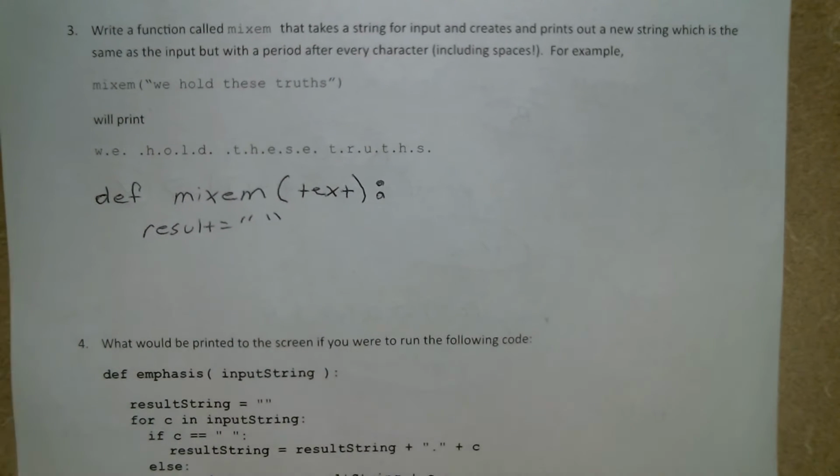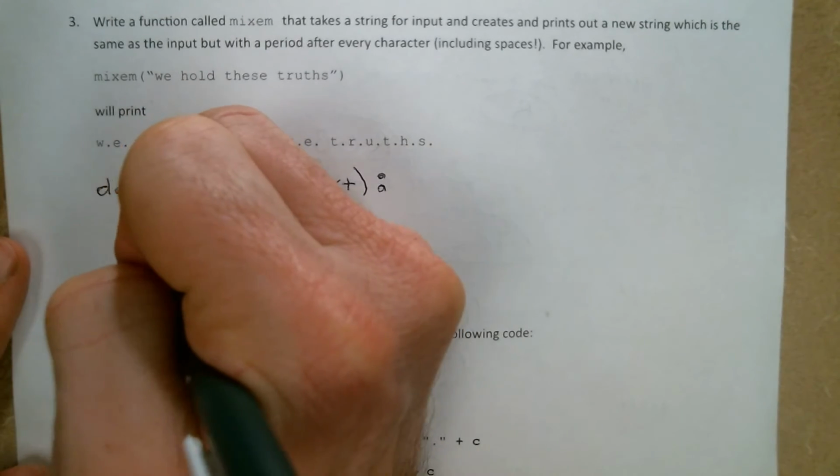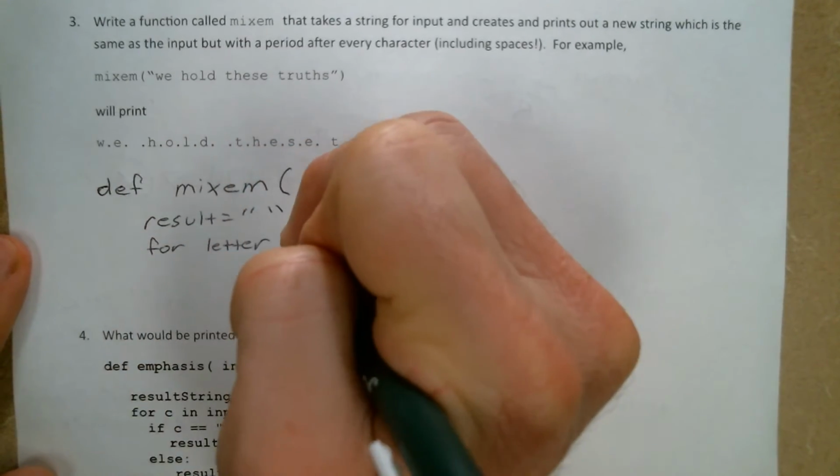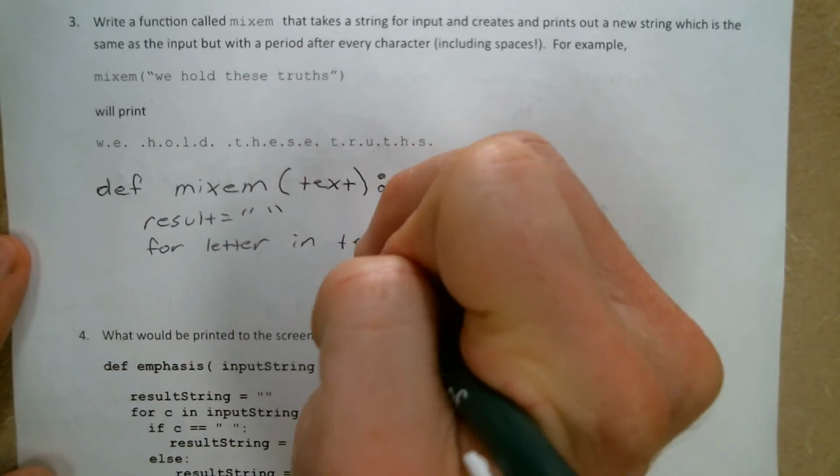Now, for me, this one doesn't require me to only go through part of the string. It requires me to go through the entire string. So I'm going to use the simpler loop. I'm not going to use indexing. I'm just going to say for letter in text.